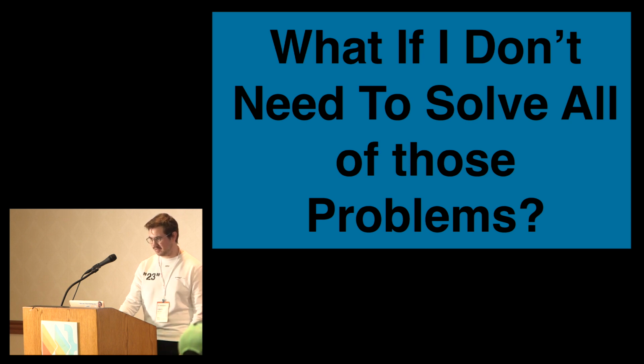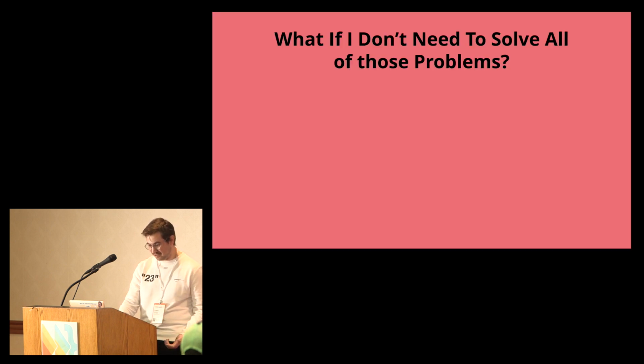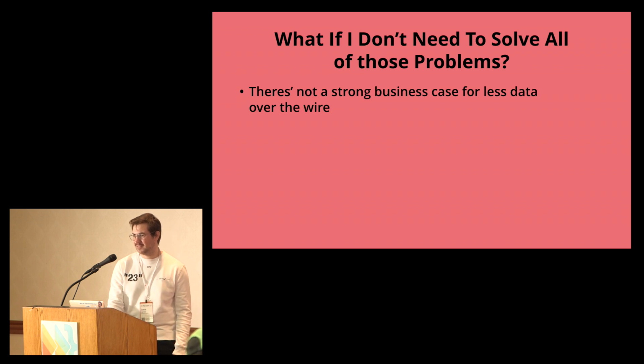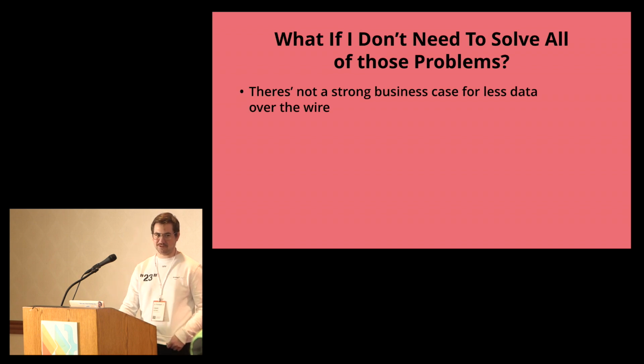So sending less data over the wire is not important, and my boss will tell me that for sure. There's a strong business case for less data over the wire. If you're doing something like internal tools where you're supporting only Chrome and everyone works in an office, you really don't need to care about this all that much, because the speed difference will be negligible.